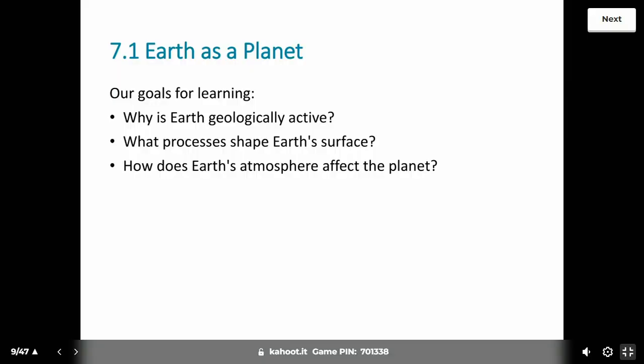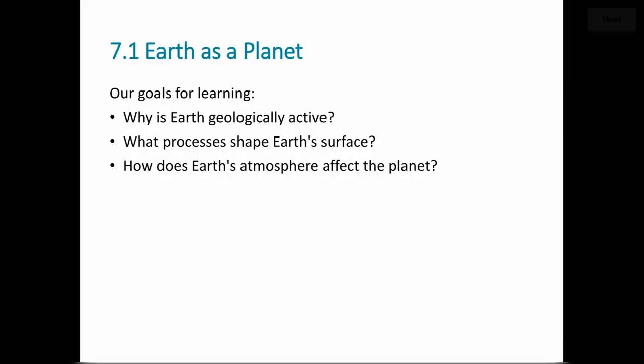So we'll start, for the rest of today, focusing on the Earth as a planet. We'll talk about why it's geologically active, what those geologic processes are and how they shape the Earth, and then we'll talk about Earth's atmosphere.